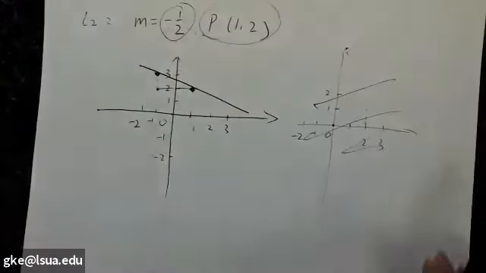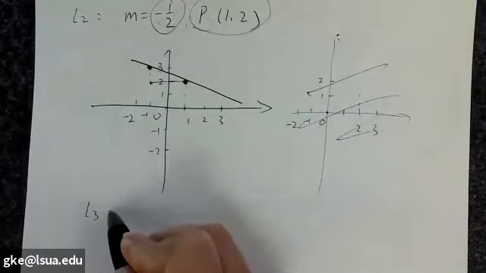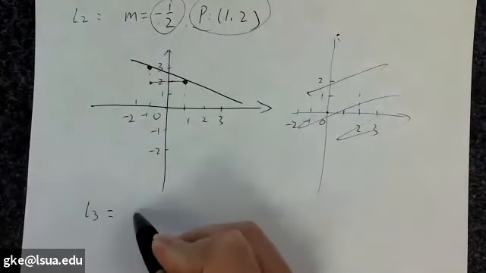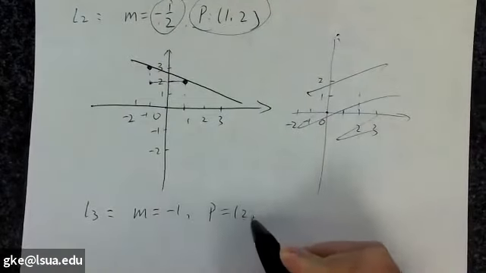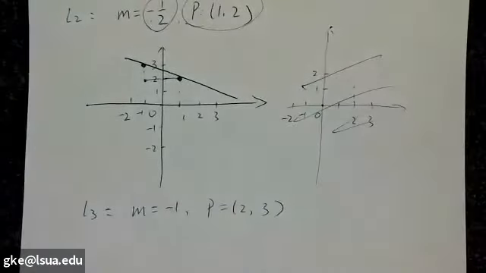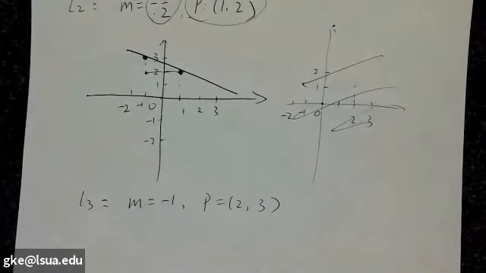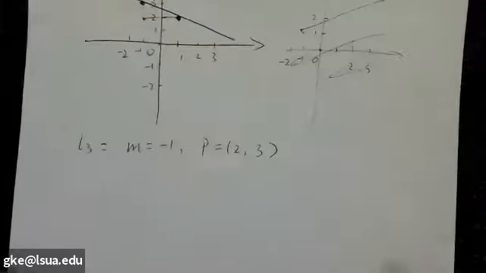How about m equals -1, p equals 2, 3? We're gonna take a look.